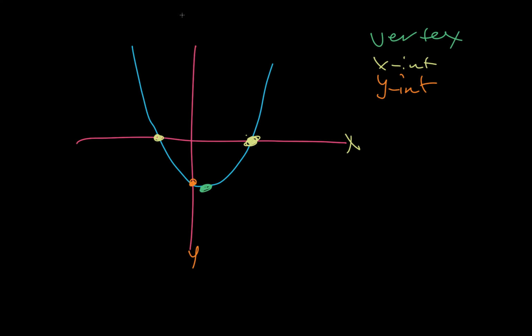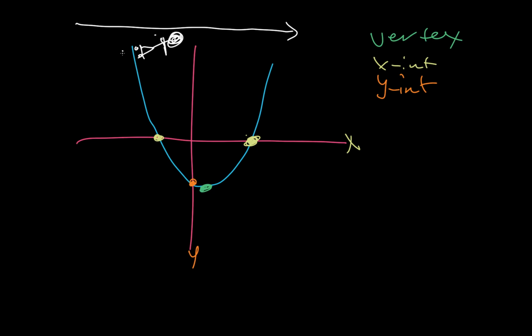So we're always going to read from left to right, just like when we read a book. So if we're on a skateboard and we're going down or up, that's how we know if we're increasing or decreasing.